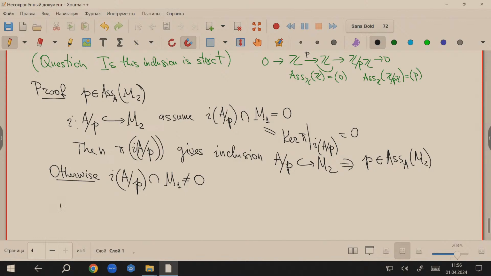If you have a unit element in A mod P, note that the annihilator of a unit in A is equal to P, but A mod P does not have zero divisors as a ring.